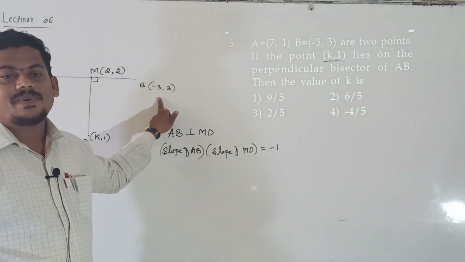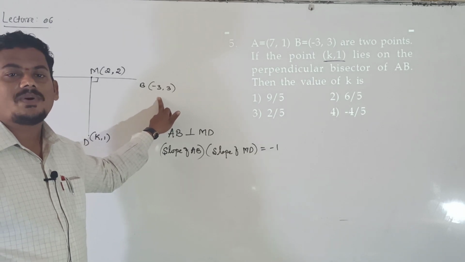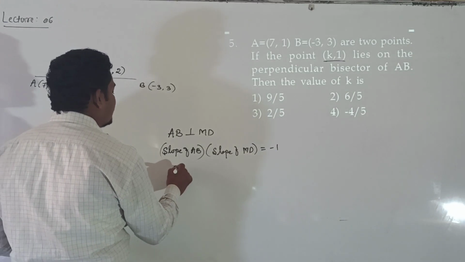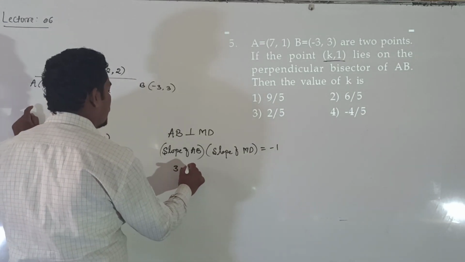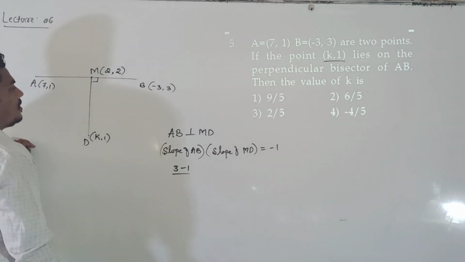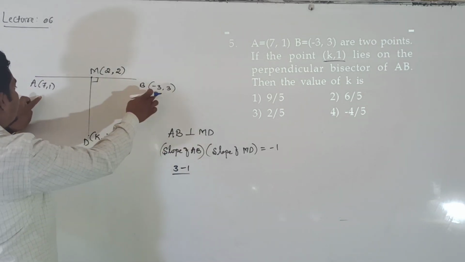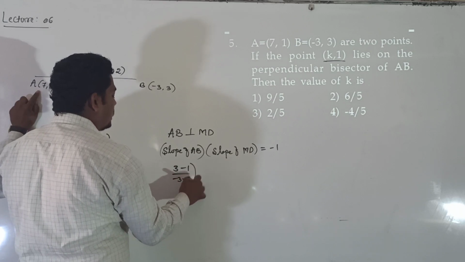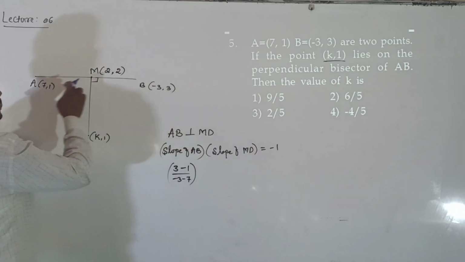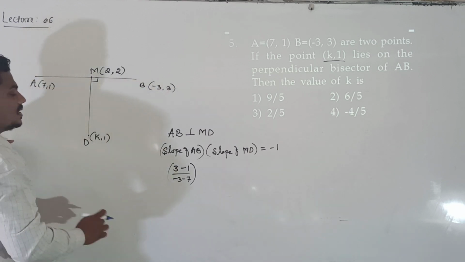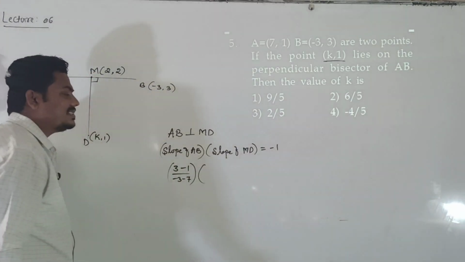Slope of the line joining 2 points: y2 minus y1, 3 minus 1 divided by x2 minus x1, minus 3 minus 7, into what is the slope of MD?